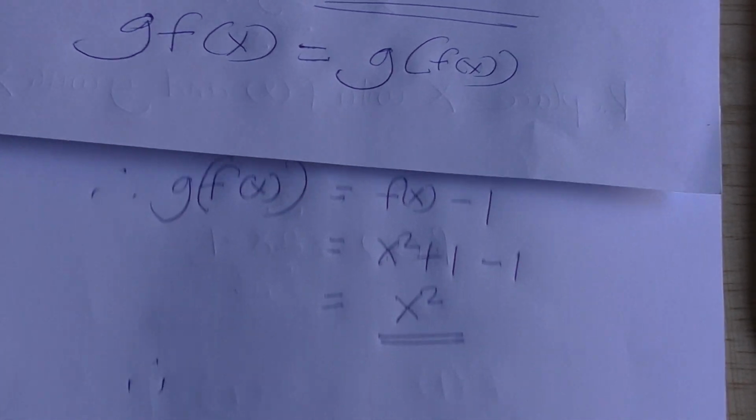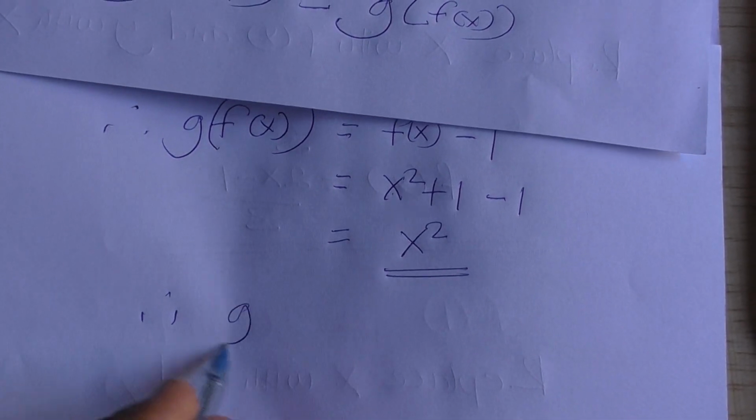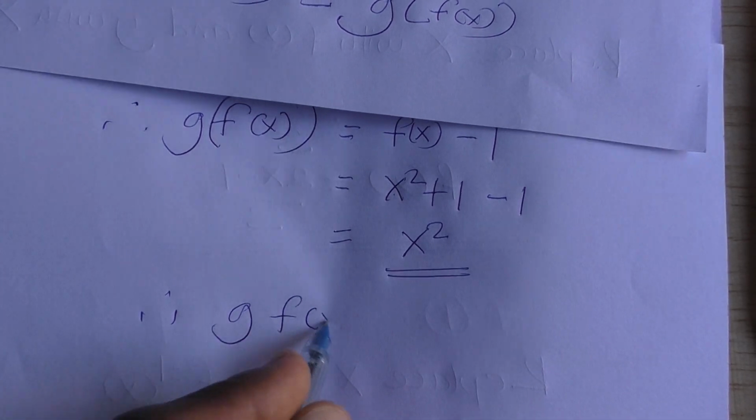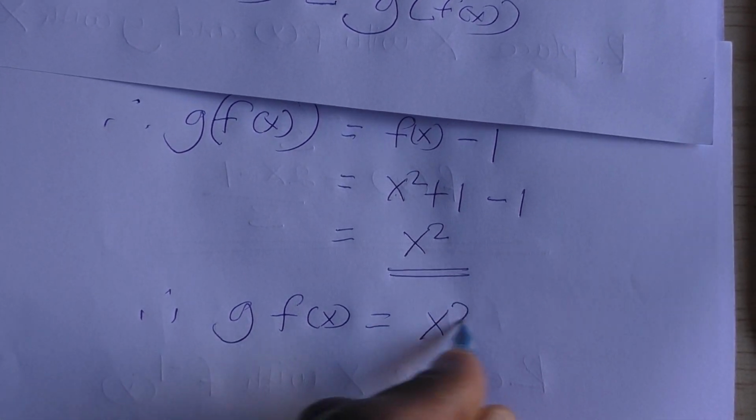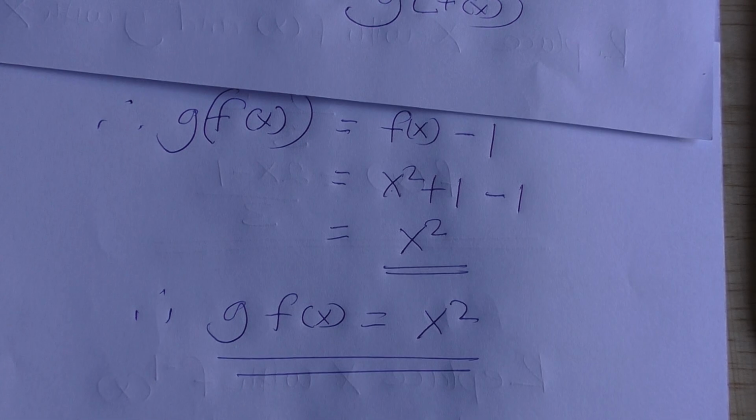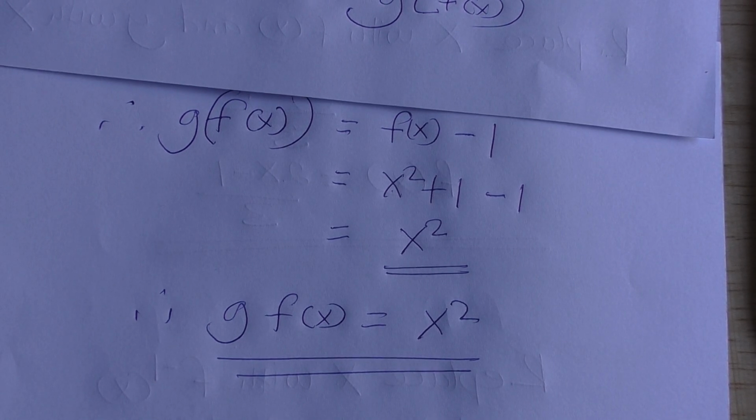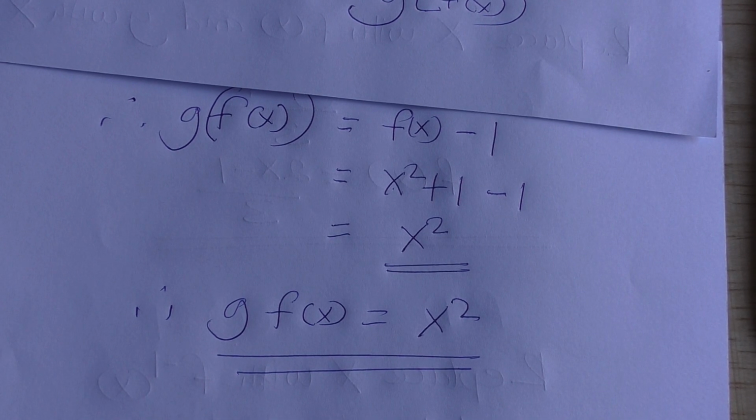Hence, we shall say that our gf of x equals x squared. So that is how we find composite functions.